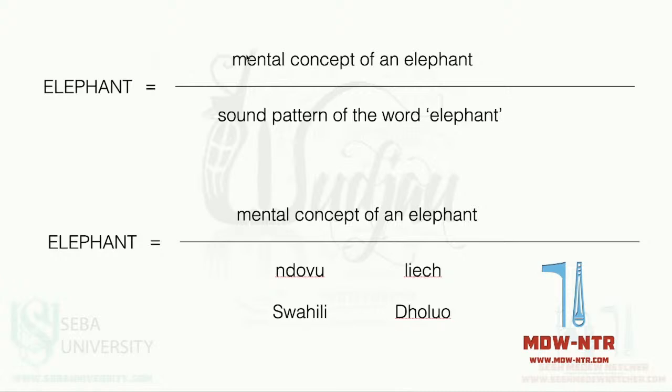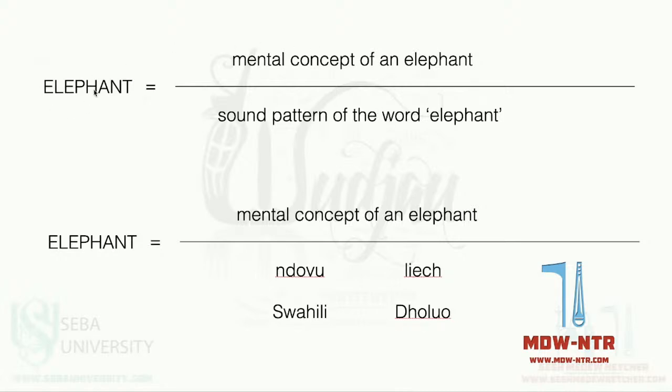Now, the other side is the sound pattern. The sound pattern is elephant, when I pronounce the word, or the written pattern, if I write it on paper, I would have to spell it out: E-L-E-P-H-A-N-T. So these two things, the form and the meaning, are glued together within this sign, elephant.